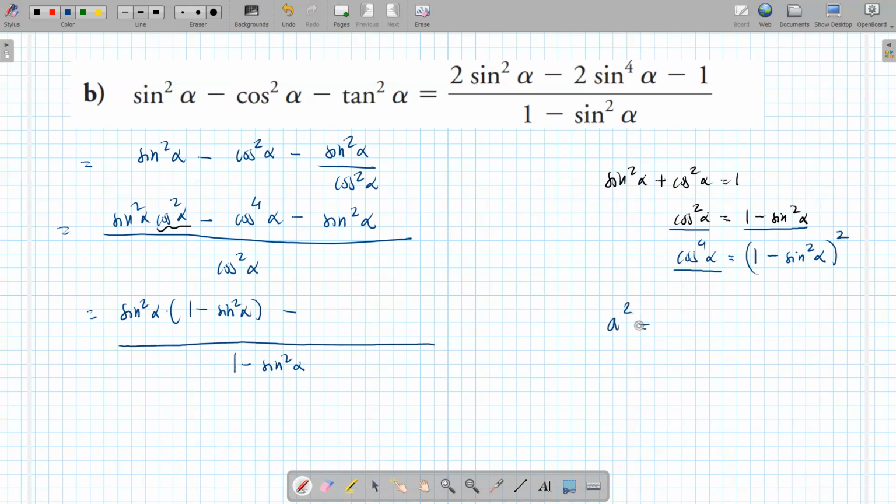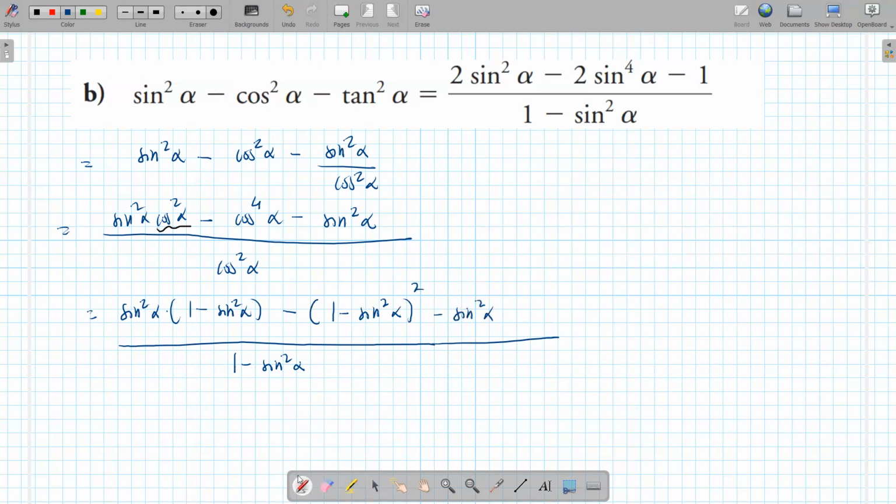If a squared is 2, a to the power of 4 is a squared squared, right? So it'll be 2 squared. You need to square that entire thing. So cosine to the power of 4 will be 1 minus sine squared alpha, that entire thing squared. And then you have minus sine squared alpha, like that.